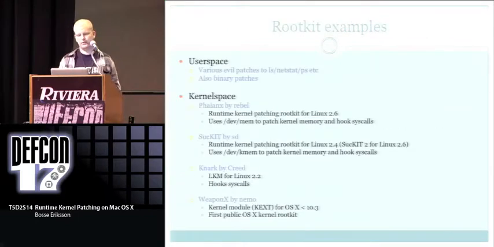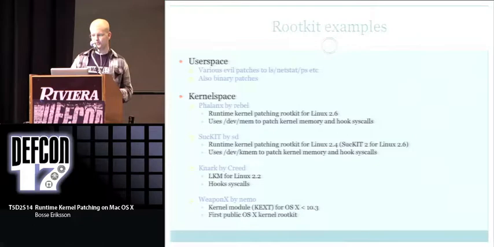Examples of rootkits. User space: various evil patches to ps, netstat, ls, and you can also do binary patching like SSH daemons and stuff. Pretty basic stuff. The kernel ones, there are a few out there, public and private. We have Phalanx by Rebel, which is a kernel patching rootkit for Linux 2.4.